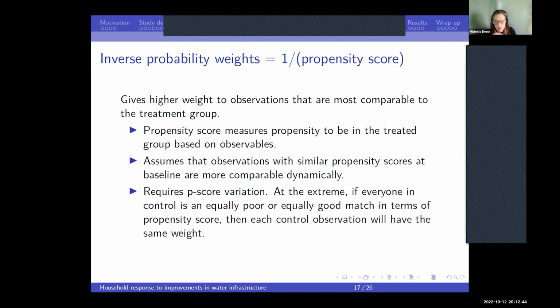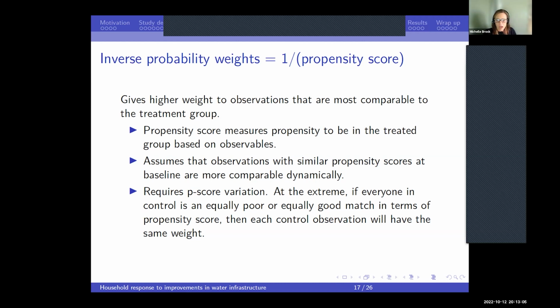One of the things you have to look out for in a propensity score situation is that you actually have variation. So it could be that all the control groups are very poorly matched to the treatment households. Well, then they'll all get equally weighted, and then you don't get that upweighting of the more comparable households.